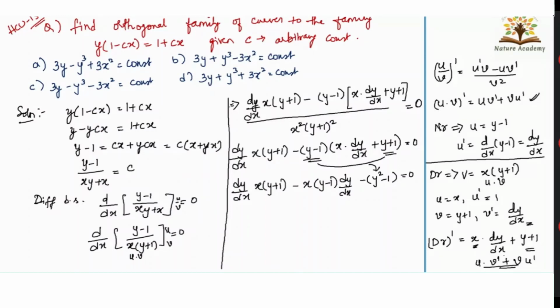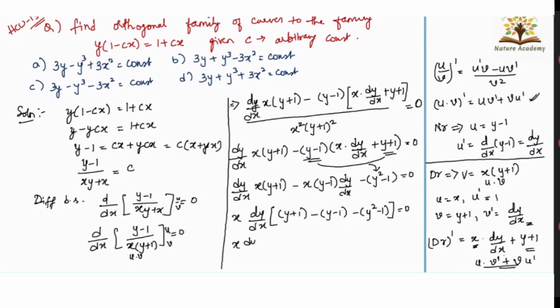Now take x into dy by dx common. x into dy by dx, if I take common, I will have y plus 1 in the first term, minus y minus 1 in the second term, minus y square minus 1 as it is. This one will be equal to 0.